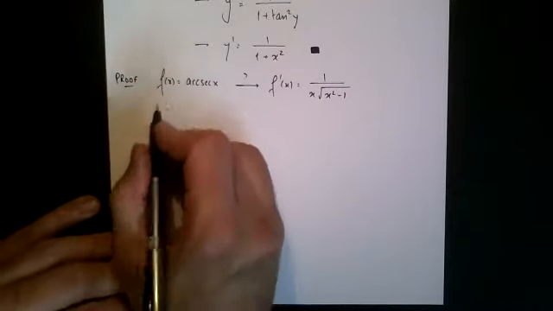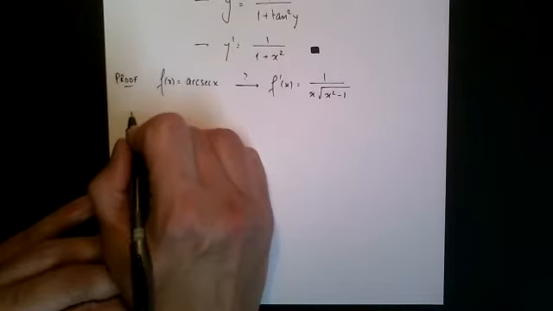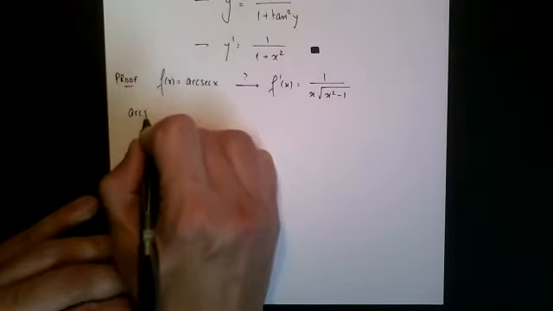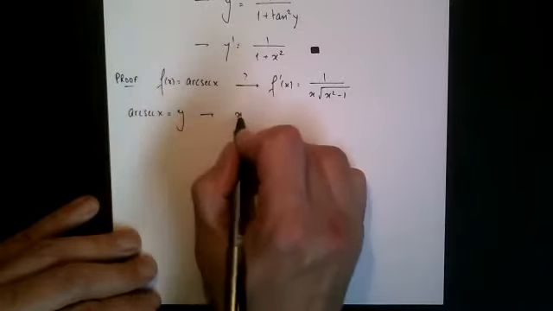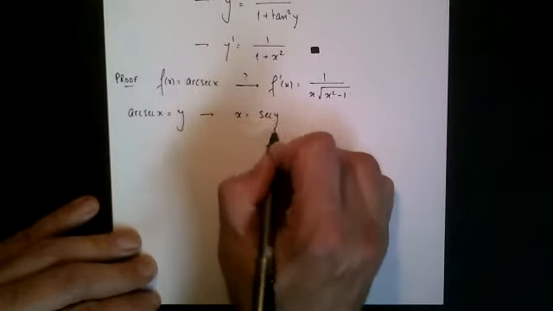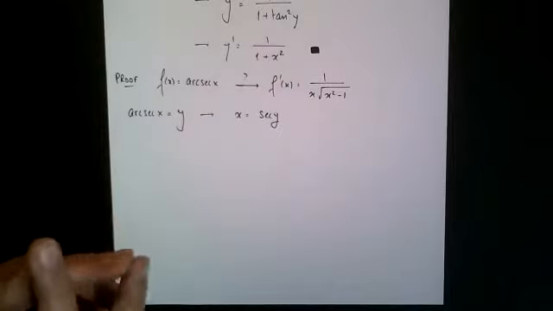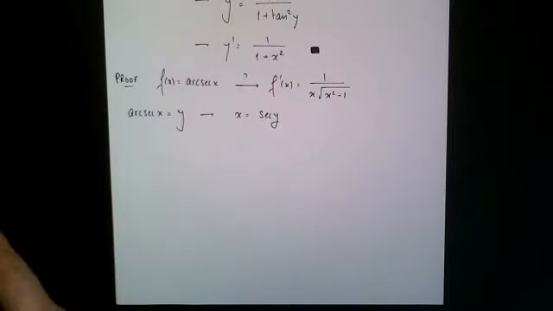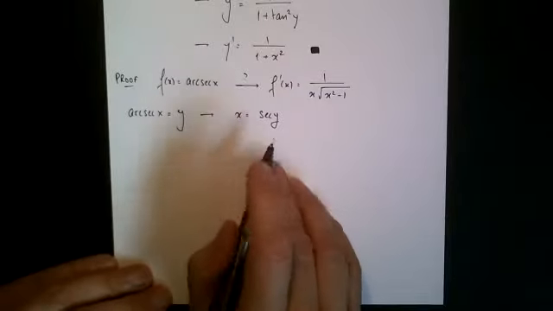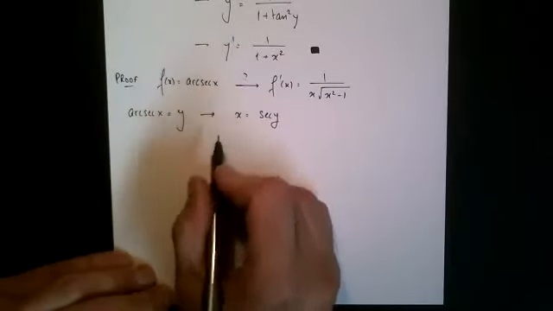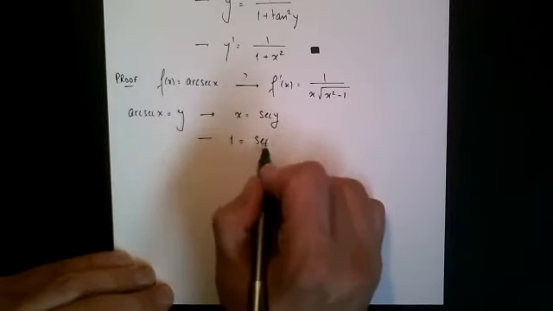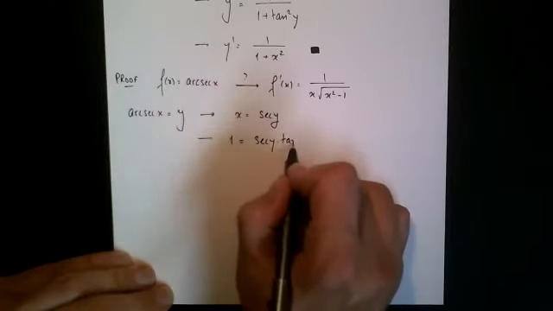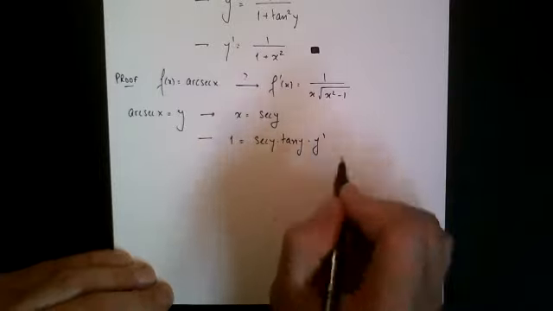So same idea, arcsecant of x is equal to y, therefore x is equal to the secant of y. And then I will do the derivative of this. 1 is equal to secant tangent times y prime.